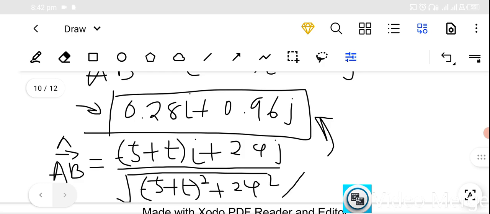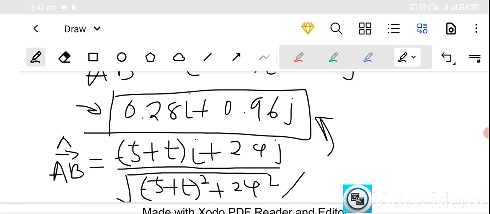Then you divide by here on the bottom. I hope you can see right here. If you want to substitute t, you are going to find your final answer as 25. So 7 divided by 25 is 0.28, and then you have 24 divided by 25, 0.96, the same.